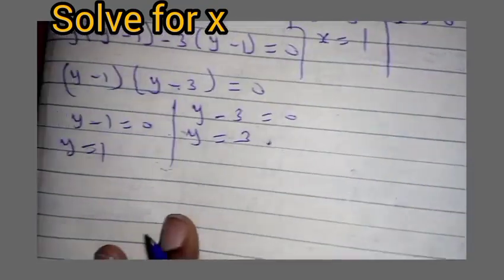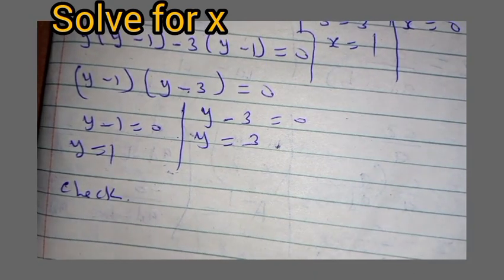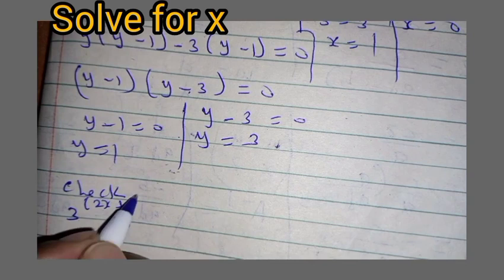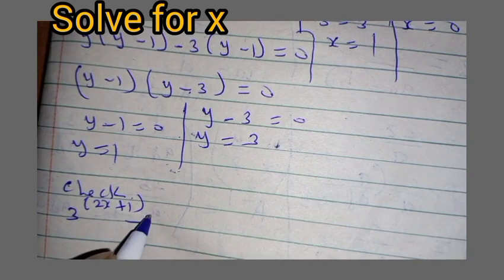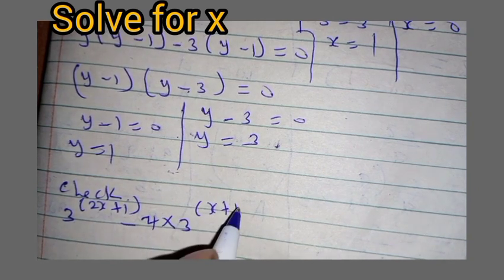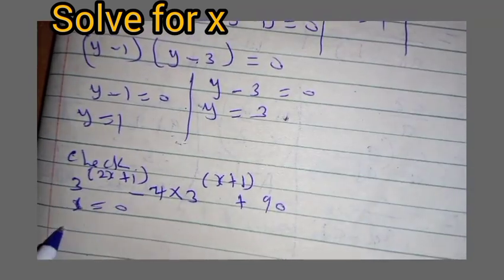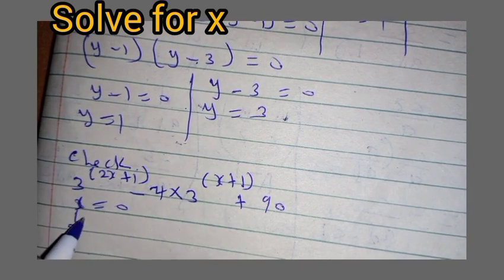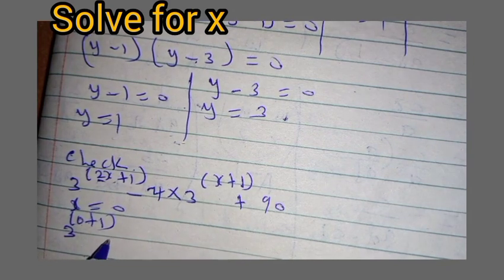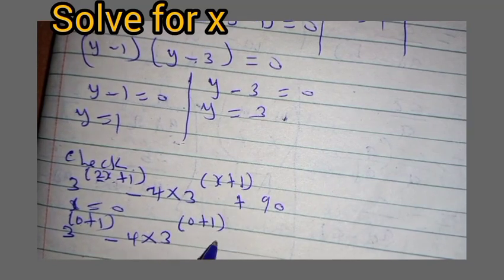You can check our answer. You are given 3 power 2x plus 1 minus 4 times 3 into bracket x plus 1, plus 9 is equal to 0. So we start with when x is equal to 0. We will have 3 power 0 plus 1, because 2 times 0 is 0, minus 4 times 3 into bracket 0 plus 1, plus 9.